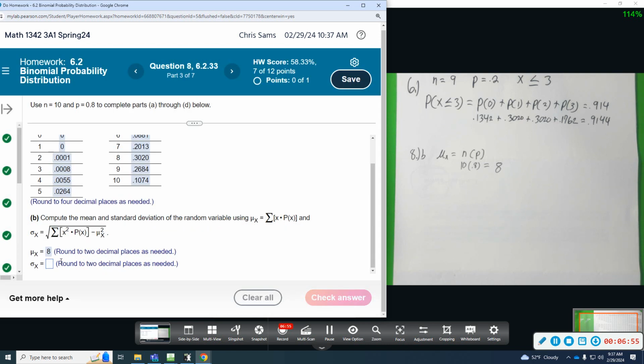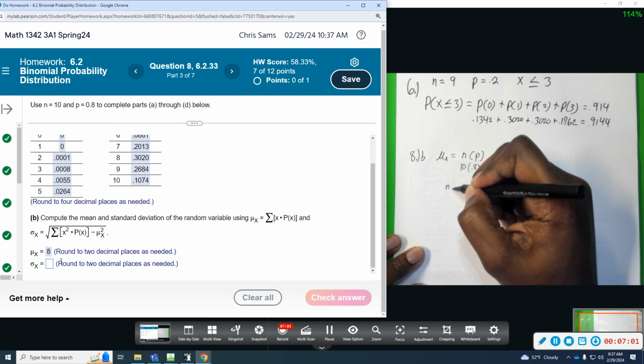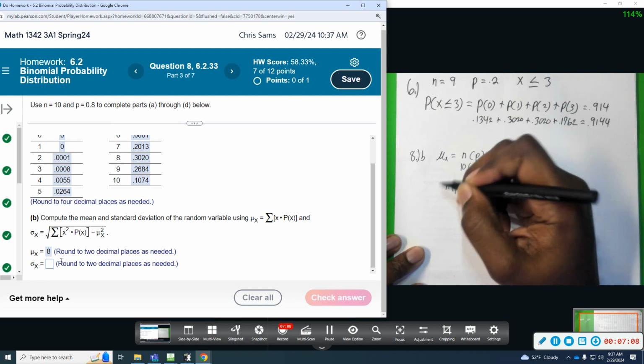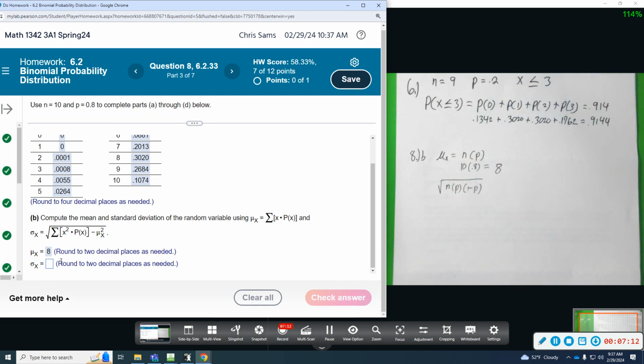And then the standard deviation is the square root of n times p times 1 minus p, or q. Instead of using the distribution, let's go ahead and do it with the formula.